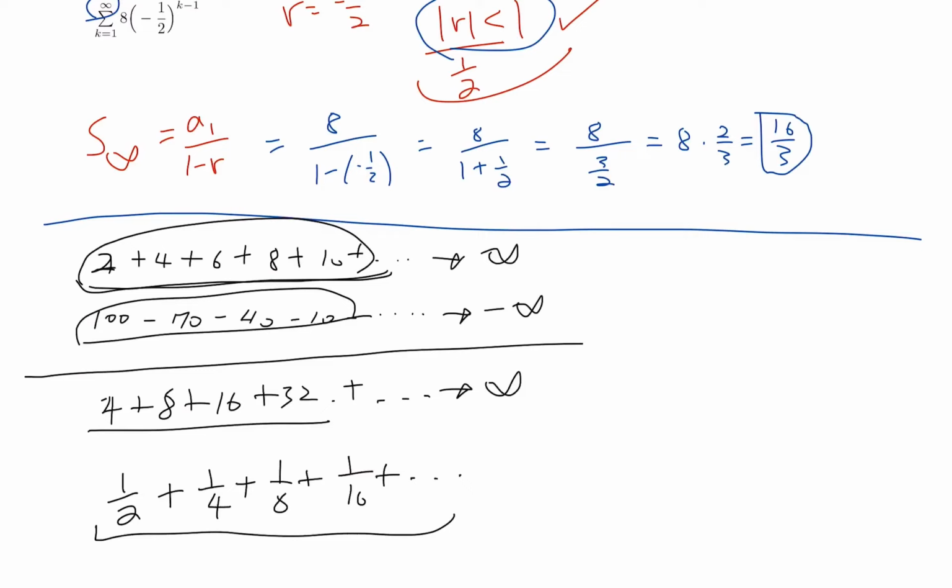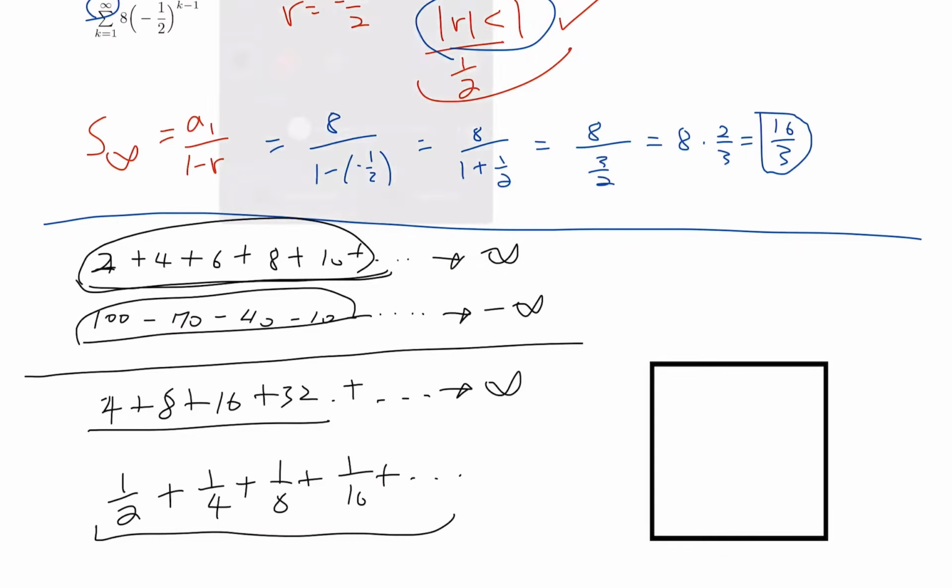Let me explain this with a picture. If I have a square, and let's say this length is 1 and 1, we can represent half as half of this square, because the area of this square is 1. So this is half. 1/4 is right here. Here's 1/8. Here's 1/16.